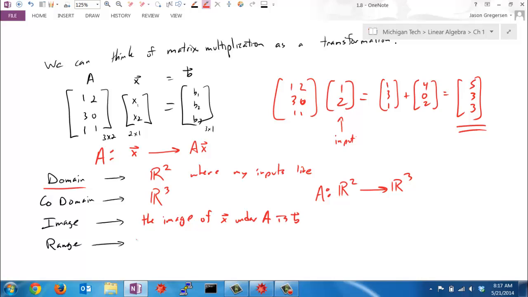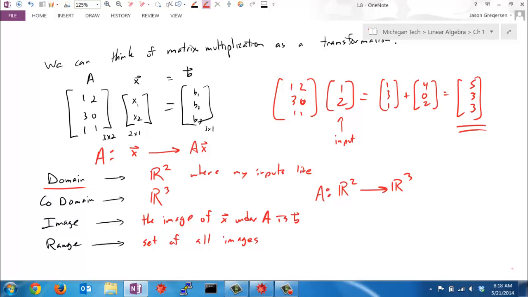And then lastly, the range is the set of all images. So let's talk more about the range here. The set of all the possible images.